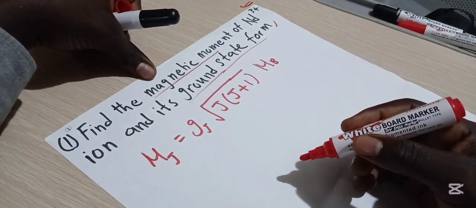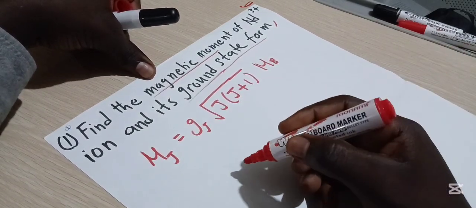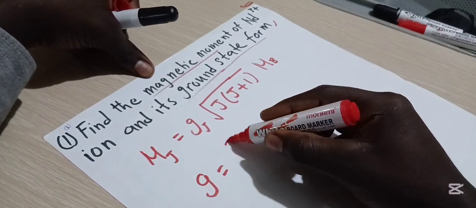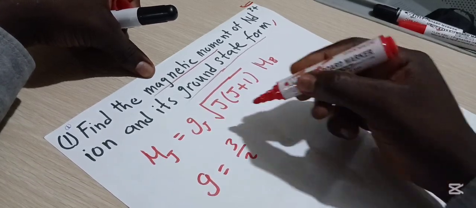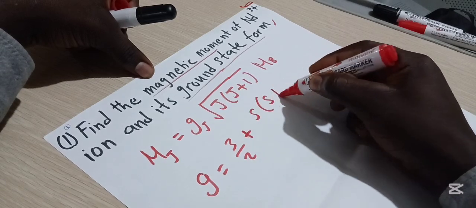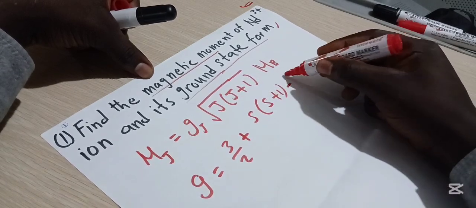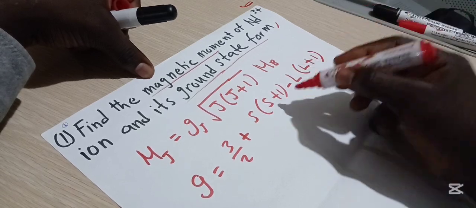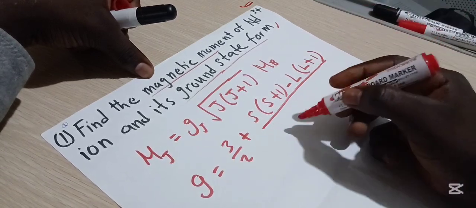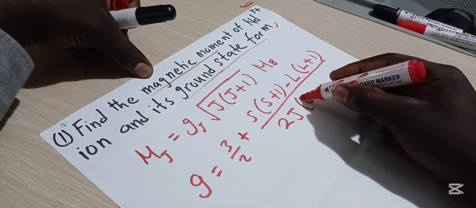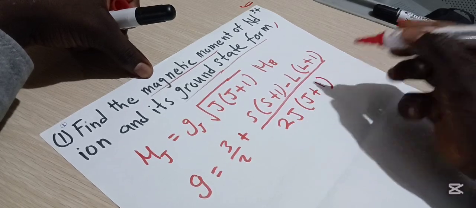And we also need an expression for g. g is going to give us 3 on 2 plus S into bracket S plus 1, minus L into bracket L plus 1, all over 2J into bracket J plus 1.